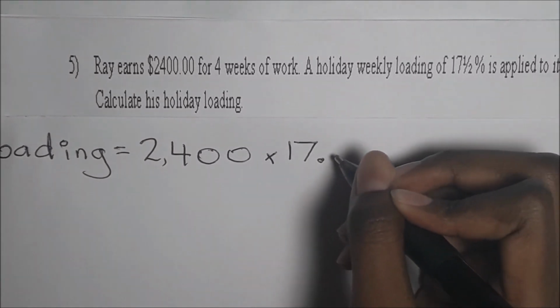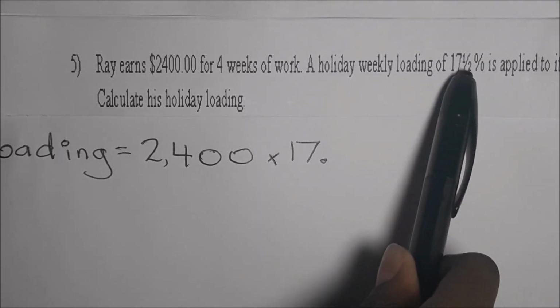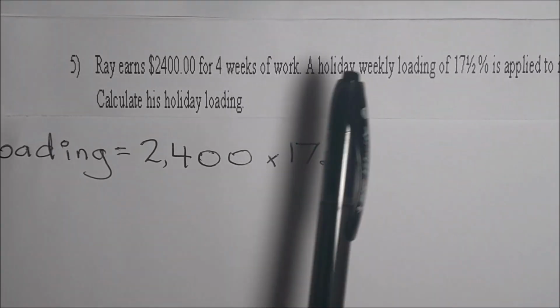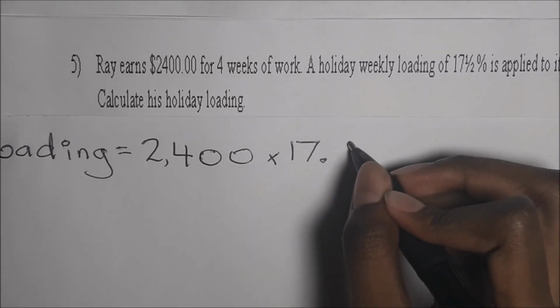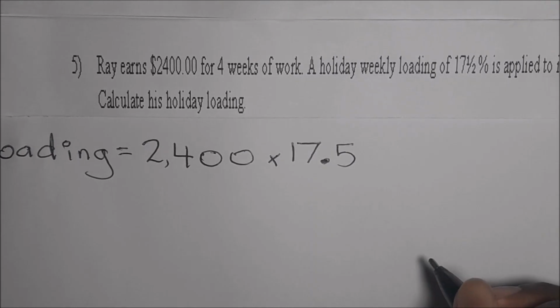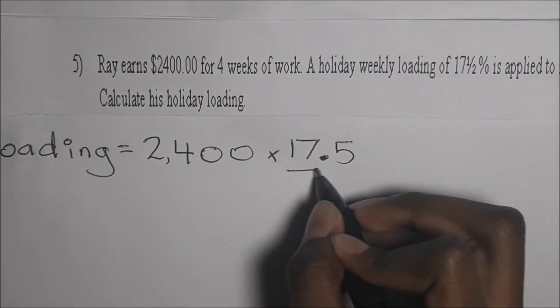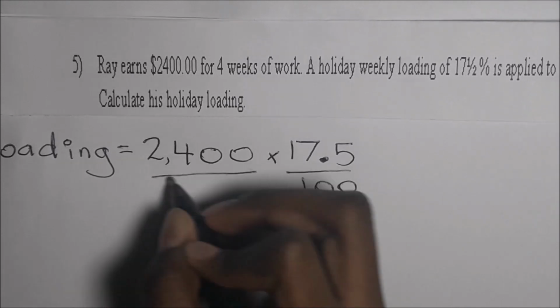Where did you get that from? His holiday weekly loading. What does it say? 17 and a half. So a half is 0.5. That's what I'm asking you. 17.5, and that's over 100. Put that over 100 and put the 2,400 over 1.